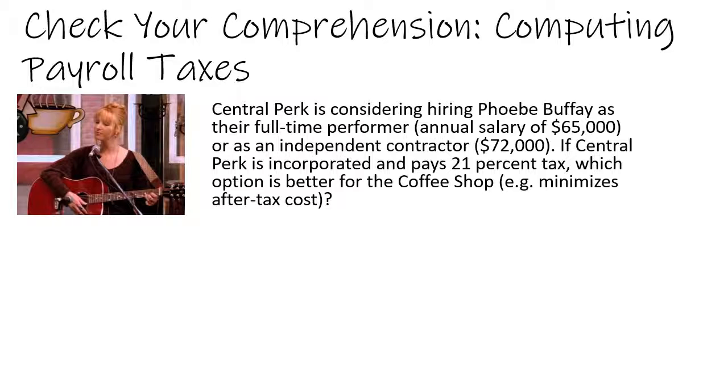They can either pay her an annual salary of $65,000 or they can pay her as an independent contractor for $72,000. If Central Perk is incorporated and pays 21% corporate income tax, which option is better for the coffee shop? And by better, I mean minimizes after-tax costs.